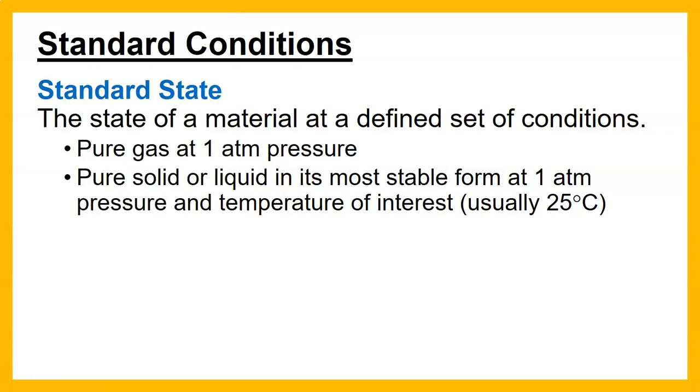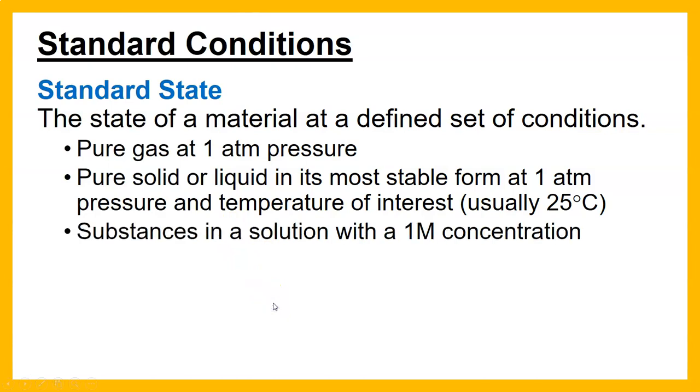You'll see the appendices are usually made at that temperature. If it's a solution, we assume that the standard state is 1 molar concentration. Standard state is important because that allows us to know for sure what temperatures and pressures are being used. When we look in those appendices, we want to make sure we're comparing apples and apples, not apples and oranges, right? They're just what people agreed would be the standard state of a material.